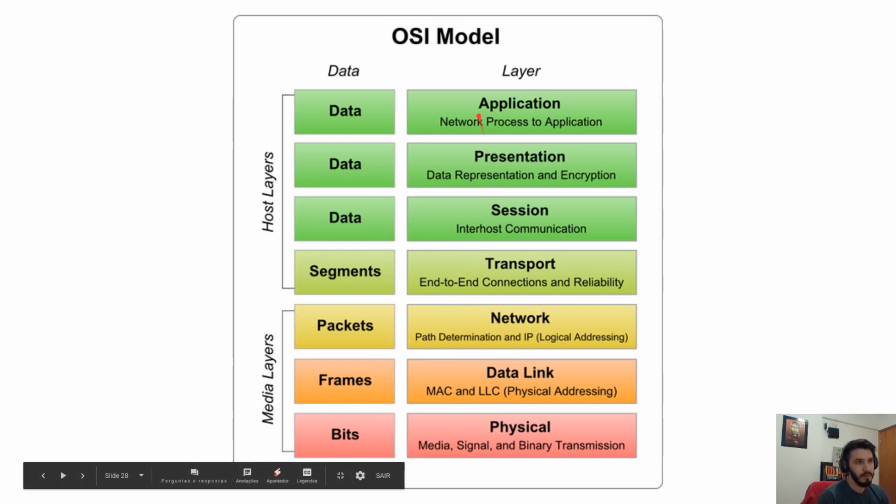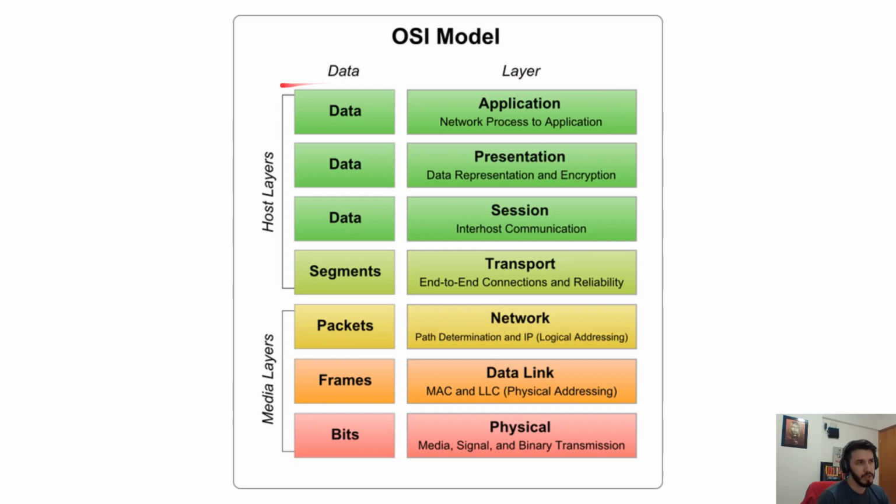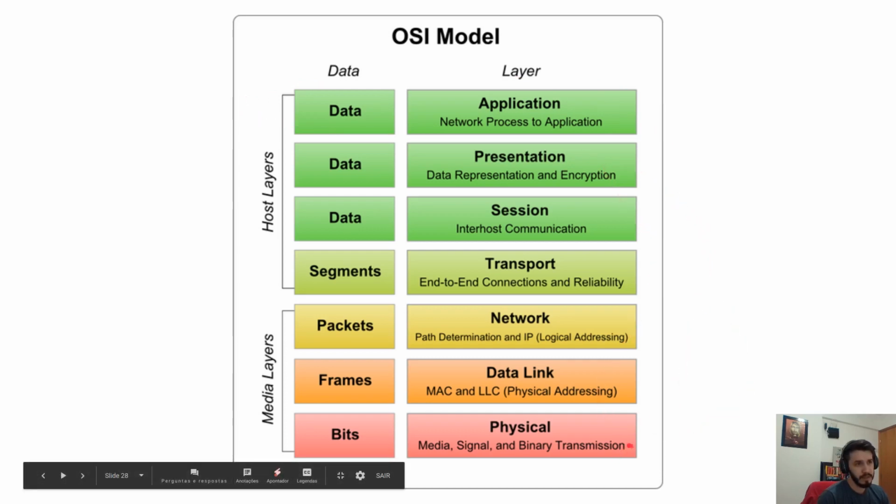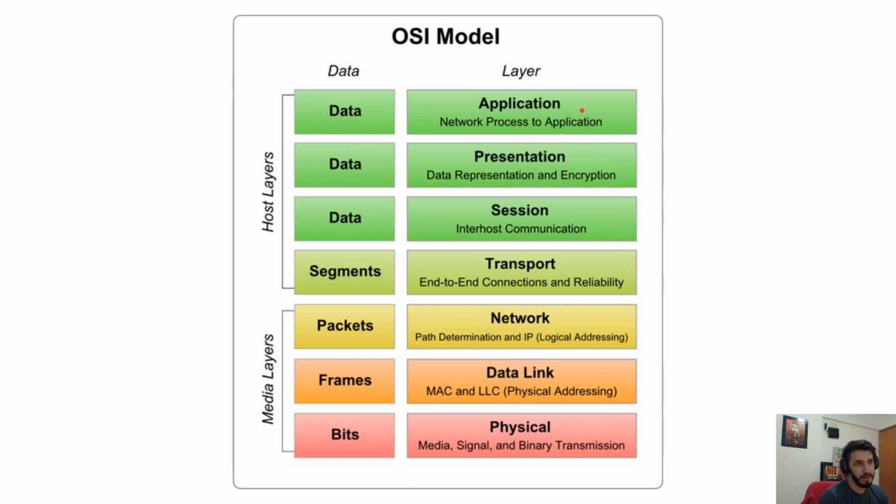So HTTP is a layer 7 protocol, which means that it's an application protocol. Basically, the OSI model has different layers, and layer 7 is the seventh layer in this model.